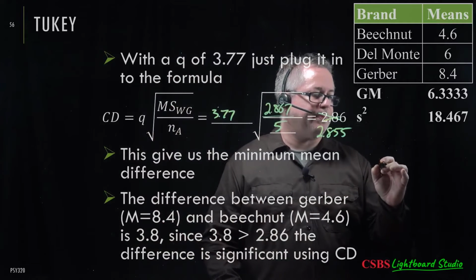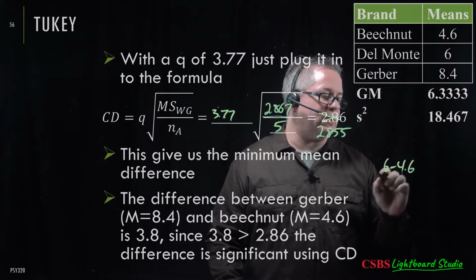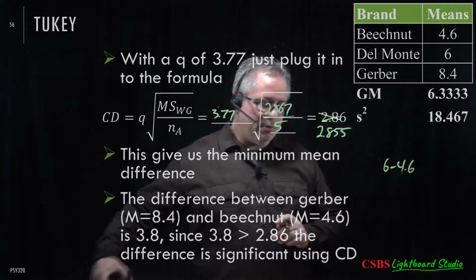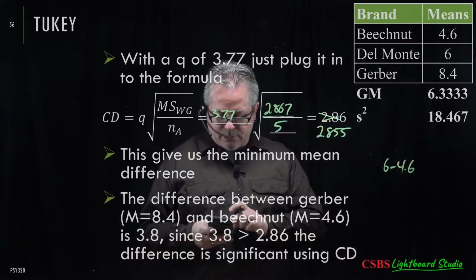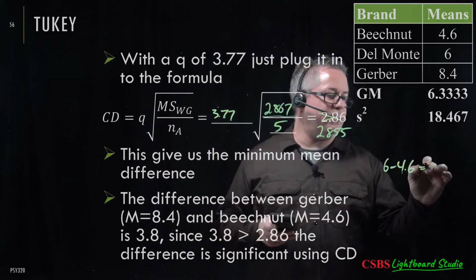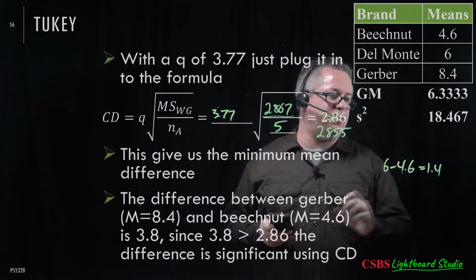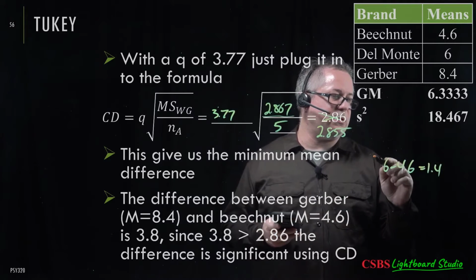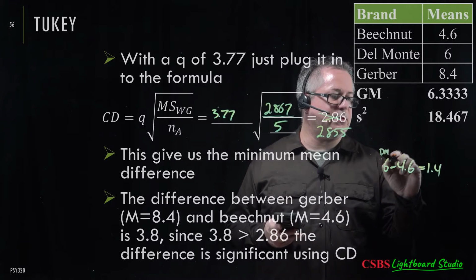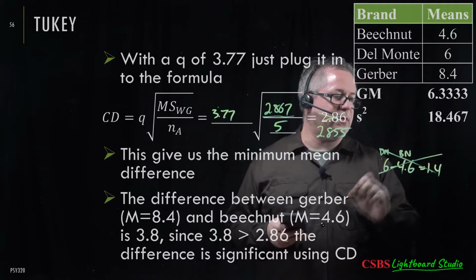What about if I do 6 minus 4.6? That's 1.4. Well, 1.4 is less than 2.86. So this is Del Monte versus Beechnut. This is not significant.